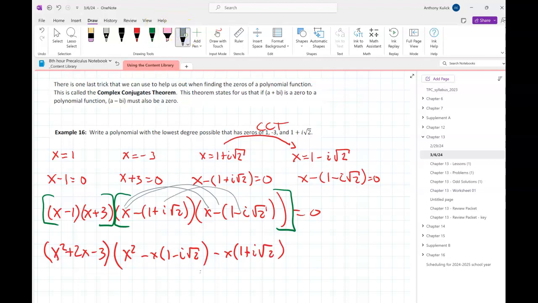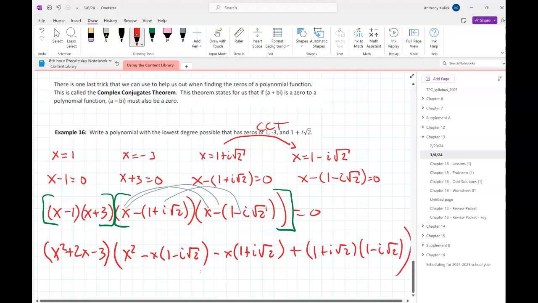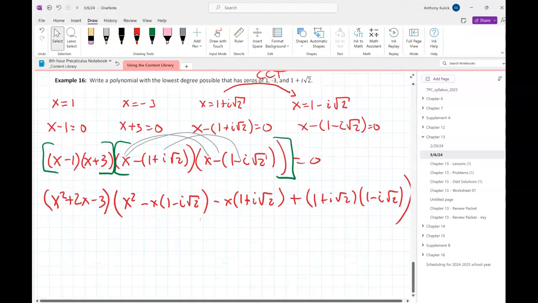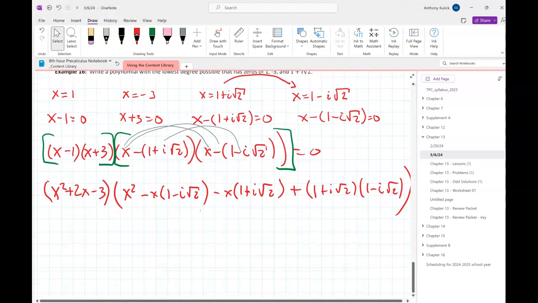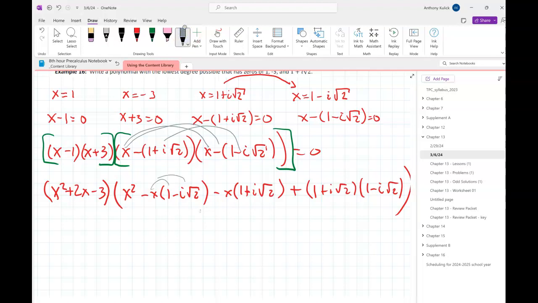And then when I multiply those two guys together, negative and negative makes positive, 1 plus i root 2 times 1 minus i root 2. So far, so good. I'm now going to distribute the negative x's through there.